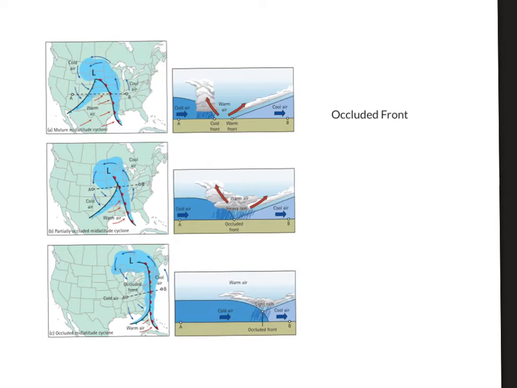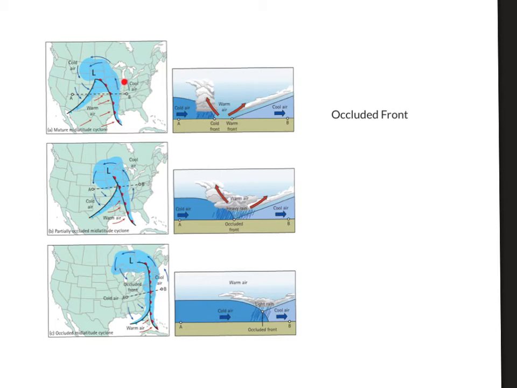The next kind of front we want to look at is what's called an occluded front. And so you can imagine that you have sort of a cold air mass up here and you have a warmer air mass coming in from underneath. And this creates almost kind of a cyclonic action as this air is pushed around and it kind of loops over here.